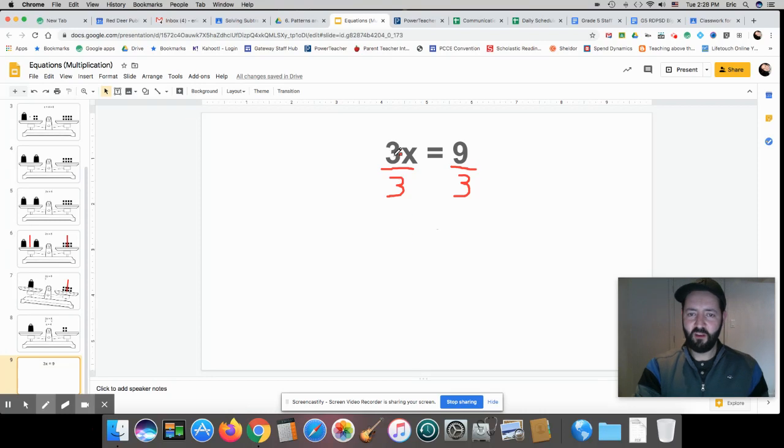On the left side of the equation, we are going to have 1 bag left, and that bag is going to have 3 squares attached to it to put it into balance. And that, my friends, is the answer to this question. As always, we will see you on the next slide, and you can practice a few of these.